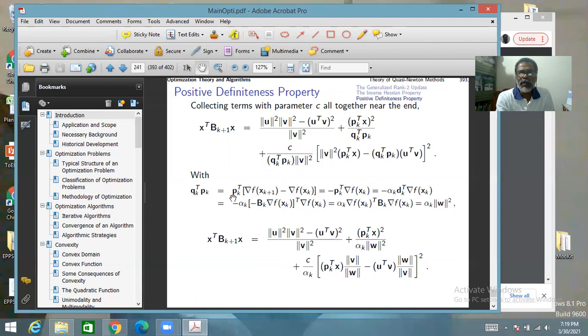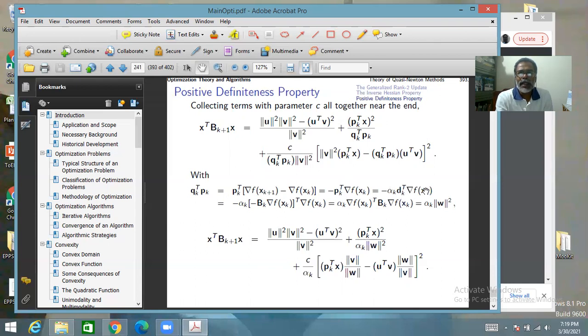Because along Pk, we have come to xk plus 1. And then this is the gradient there. So, line search ended there. So, that gradient has to be orthogonal to the direction. So, this part is 0. So, what is left is minus Pk transpose this gradient. Okay. And now Pk is alpha k dk. So Pk transpose is this.